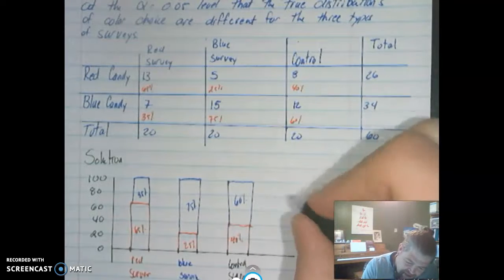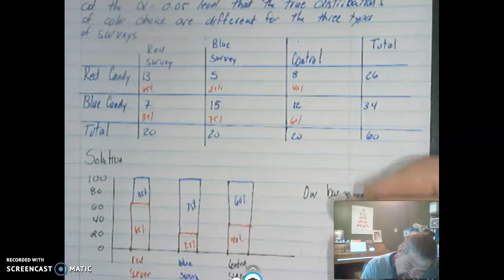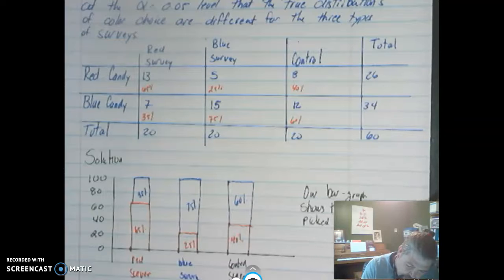So then I would come into here and say our bar graph shows the red survey picked more red, and then the blue survey picked more blue, and then the control picked more blue.